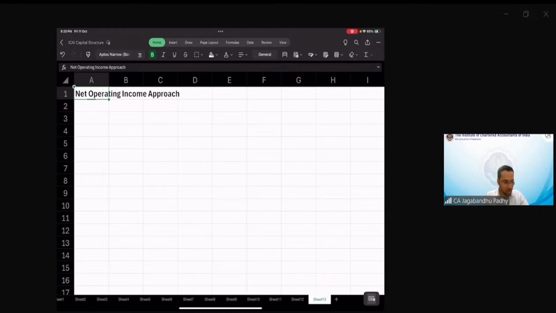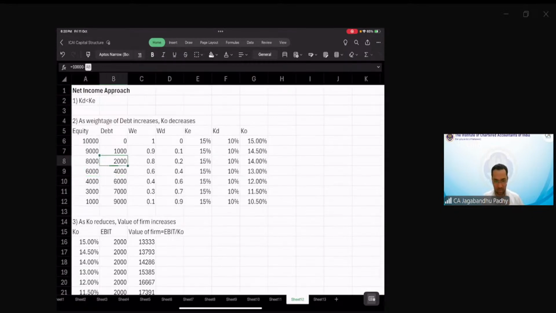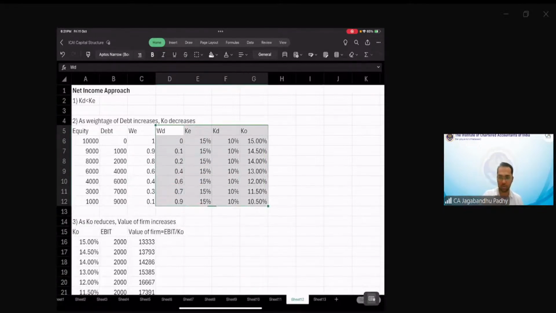Now here we are going to leave that assumption. What we observed over here is the impact on cost of equity with the weightage of debt. What is the impact on cost of equity?